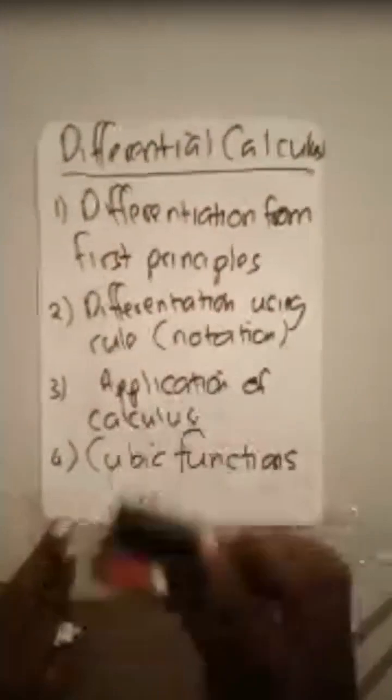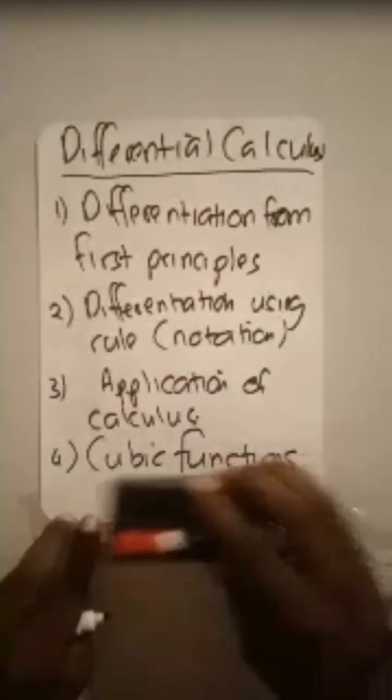All right. For today, we are going to start differentiation from first principles. The first thing we need to know is what is differentiation. What is differentiation? I'm going to write the definition.